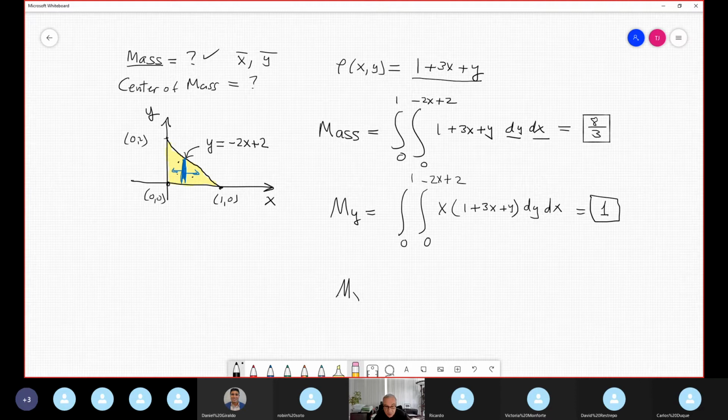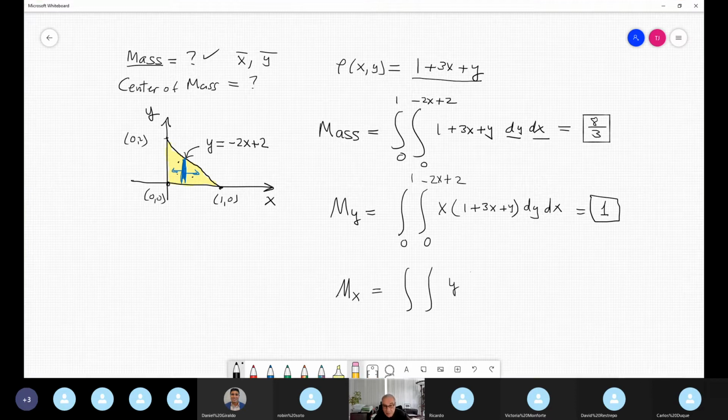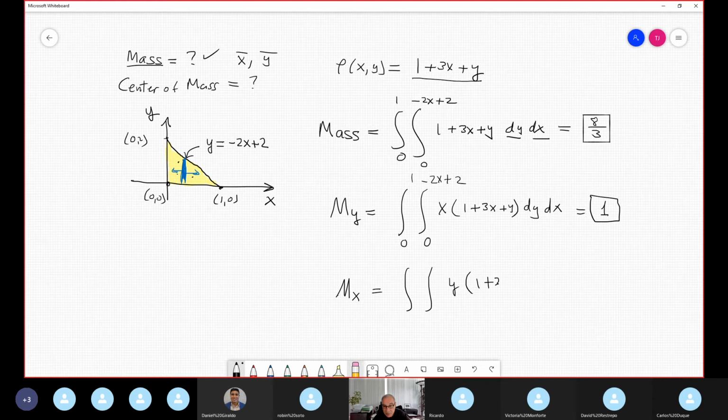Likewise, the moment about x is the double integral of y(1 + 3x + y) dy dx. The limit is the same. This is the same lamina. And the answer is 11/6.